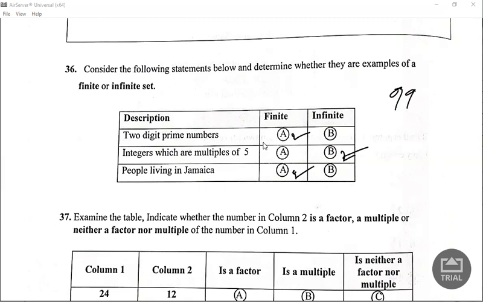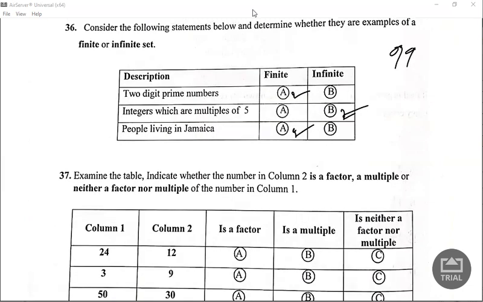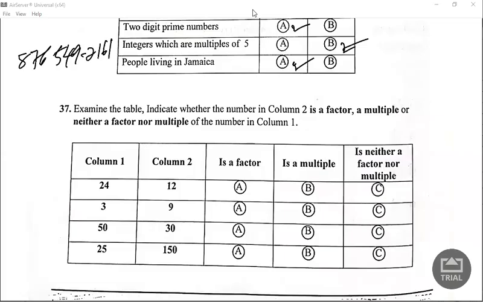37. Alright, it says examine the table, indicate whether column 2 is a factor, a multiple, or neither a factor nor a multiple of the number in column 1. So what it wants us to do is to start from column 2 and then column 1.